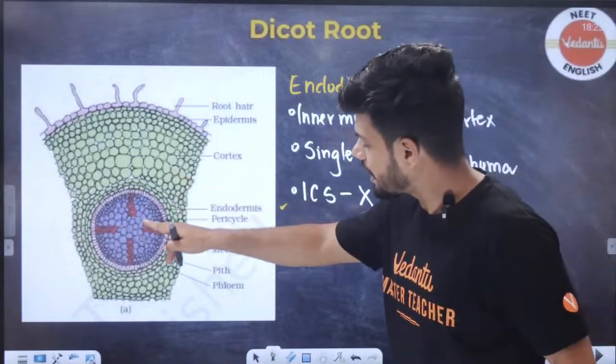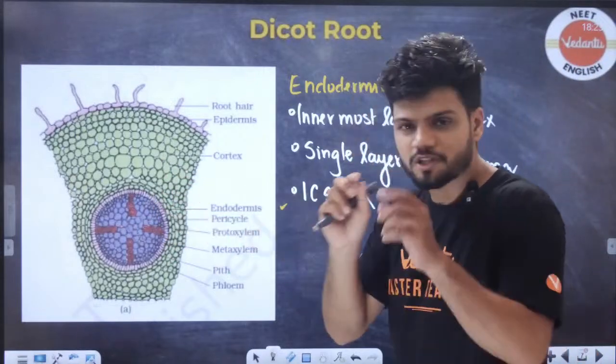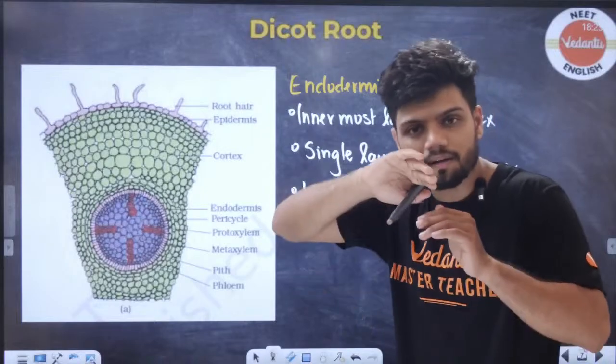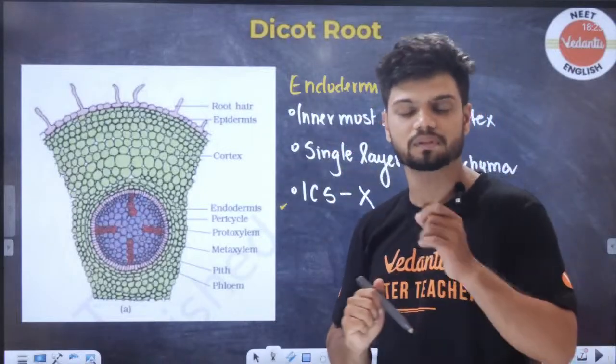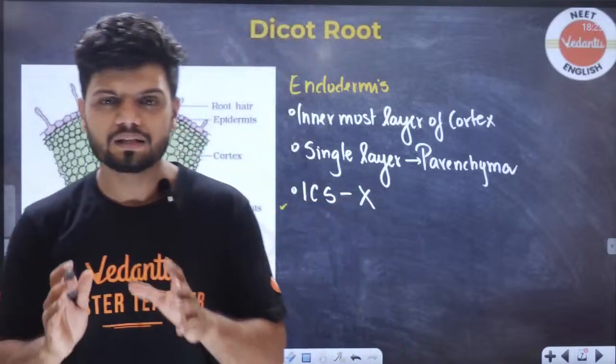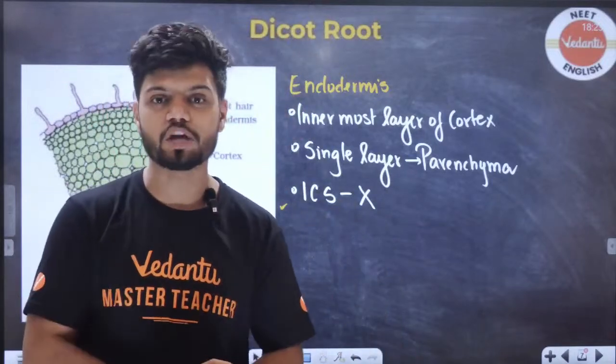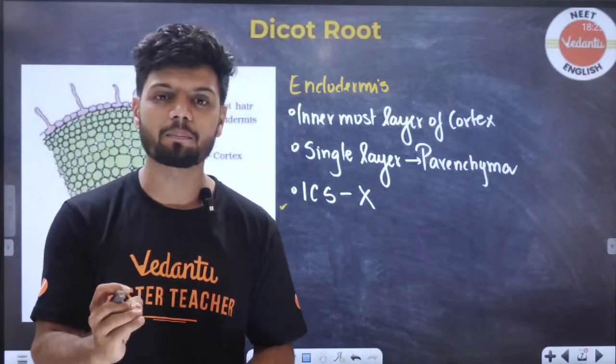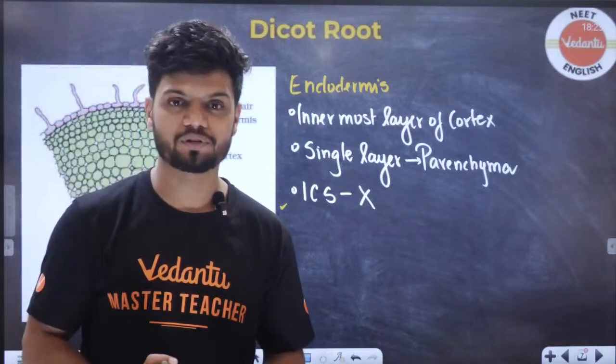Now students, there is a special shape of cell here. Apart from these, the cells are much more round, or like curvature is there everywhere. So the endodermis has a special type of shape, called barrel shaped.